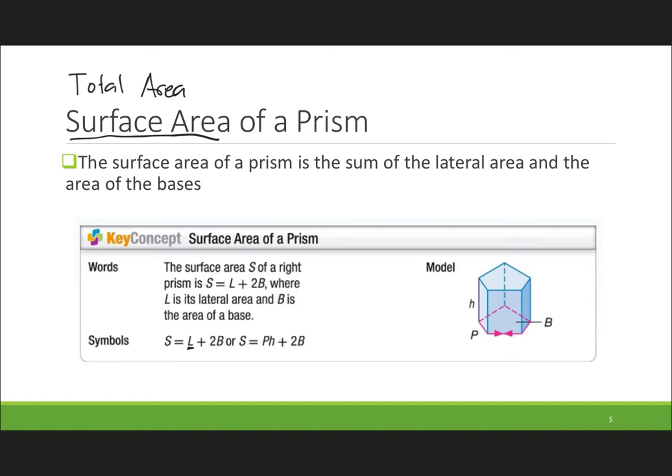So we have L, which is perimeter times the height, plus 2 times our bases. Now the reason why it's 2 is because there's 2 bases. 1, 2. So first you find your lateral height, and then you add it to 2 times the area of the base. Now here's where we got to be careful.